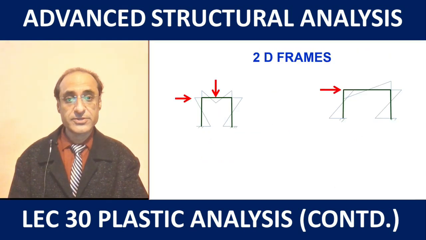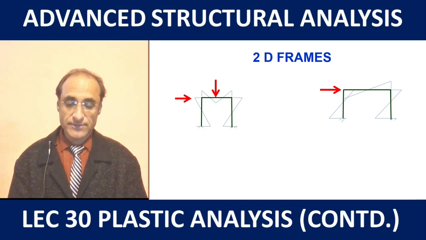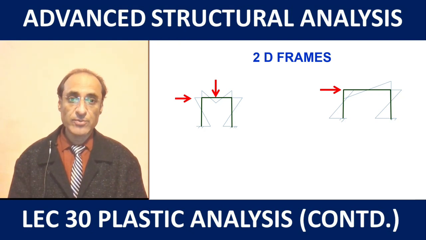Let us now consider 2D frames in plastic analysis. In 2D frames, basically the bending moment diagram depends on the loading. The bending moment diagram is important because from it we determine the possible locations of the hinges, and that gives us the count of the total number of possible hinges.